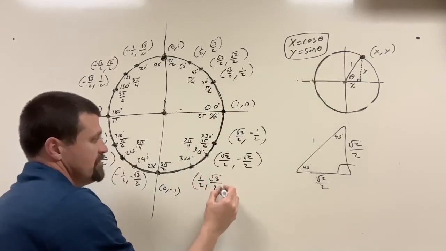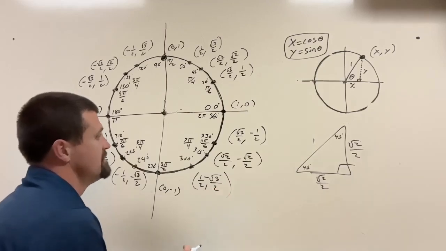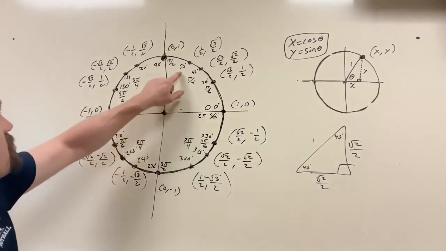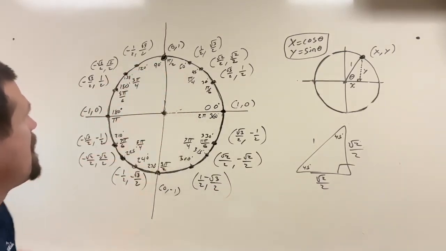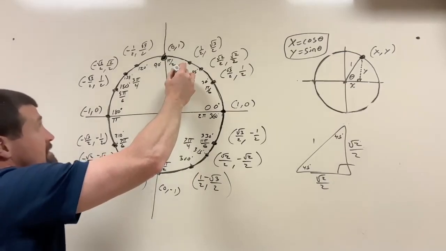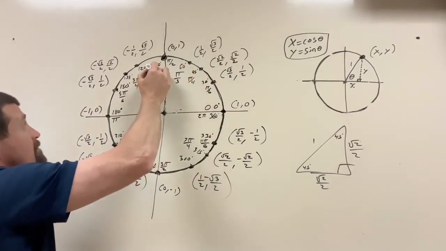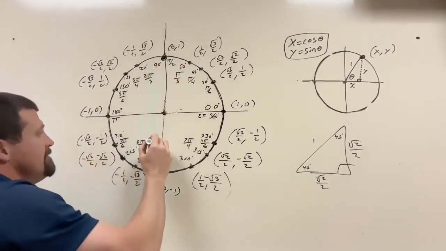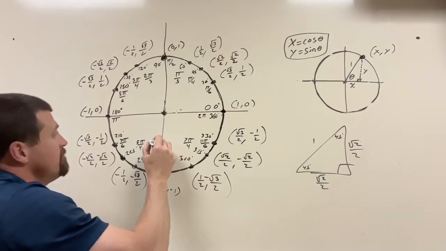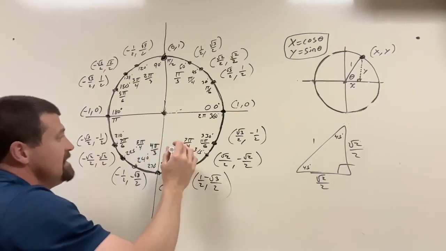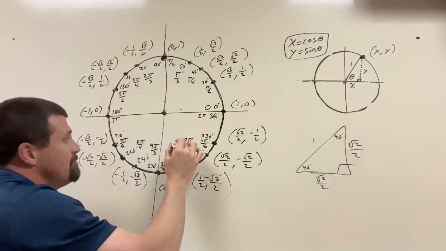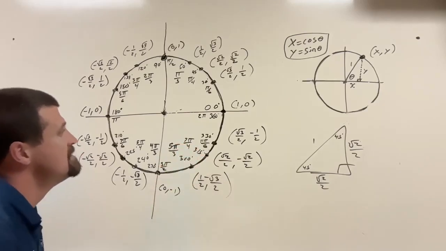And in the fourth quadrant, only the y-coordinate's negative. Now the radian measure of the 60-degree angles all have denominator 3. Pi over 3, 2 pi over 3, 4 pi over 3, and 5 pi over 3.